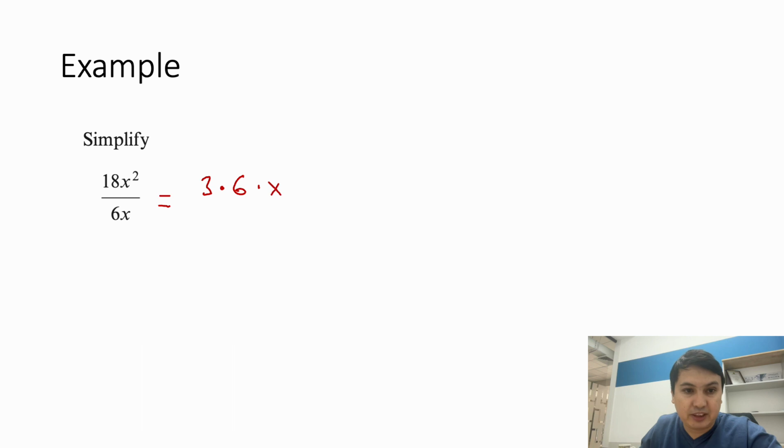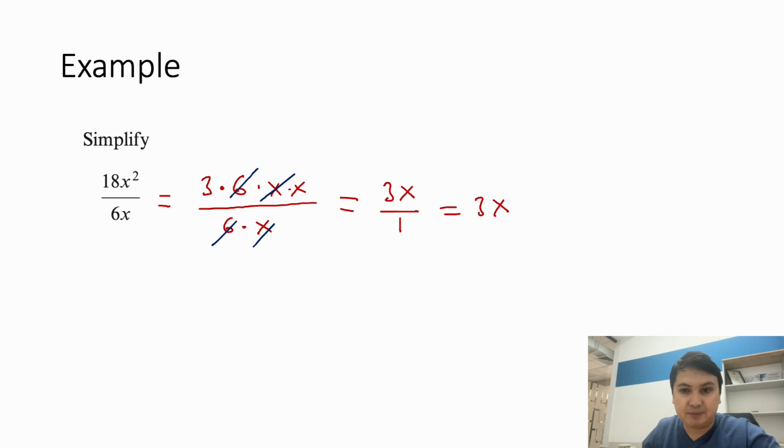Well, I can write x squared as x times x, right? Here I have 6 times x. And then I see that 6 is common, x is also common, so they cancel, right? And what I get, at the top I get 3 times x, at the bottom I have 1. Or I can simply write 3x. Okay?